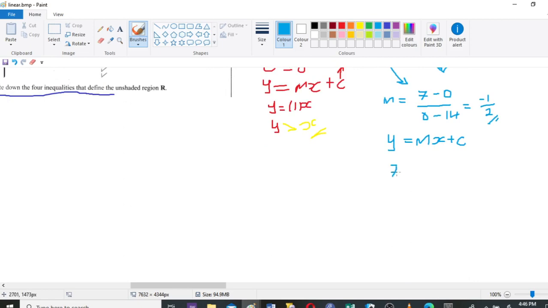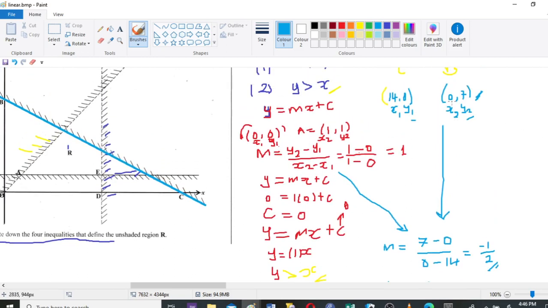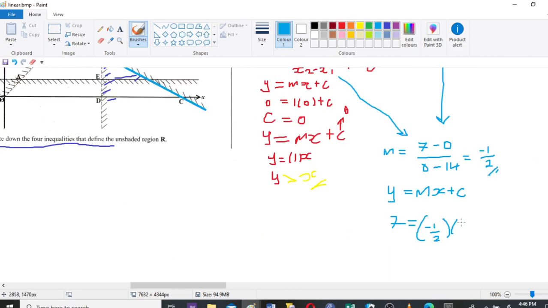So our y value is 7, our gradient has been found to be -1 over 2, and the x value in the pair is 0, plus c, and this gives you the value of c to be nothing but 7.